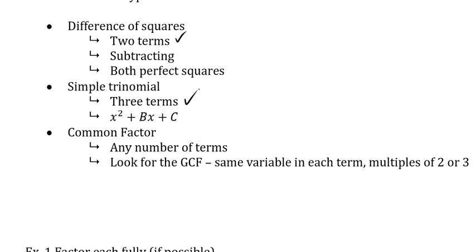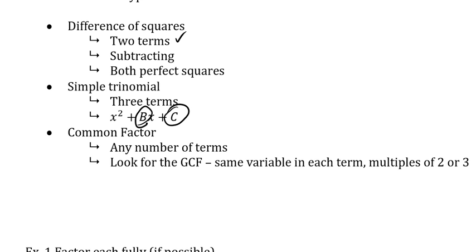So when you have 3 terms and it's in this special form where I have just x squared plus a number x plus a number, that's a simple trinomial. And that means we're looking for, if you remember, 2 numbers that add to this and multiply to that.